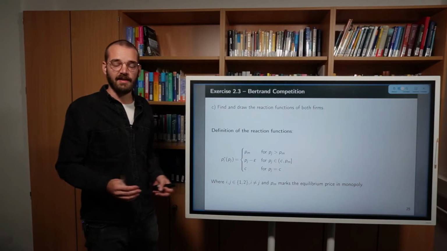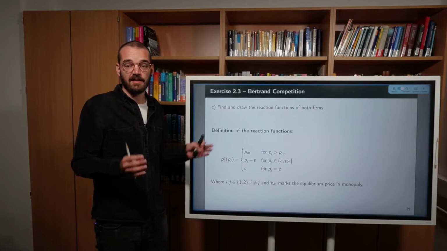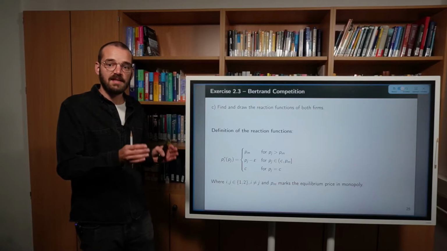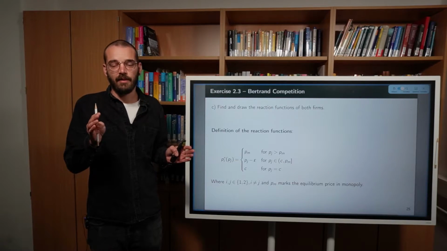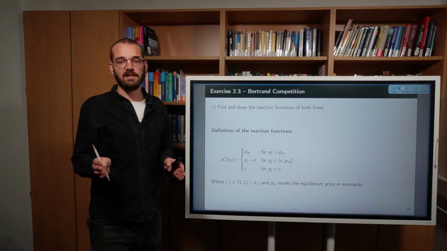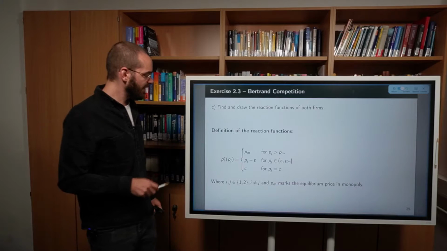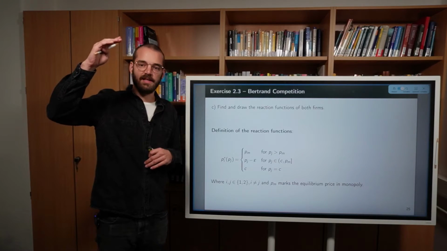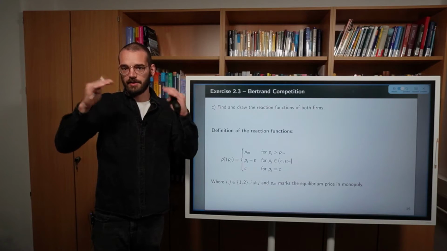Instead, we have to look at a stepwise defined function where each of these steps is defining the reaction function for a particular interval of prices. Let's start going from high prices, because the logic of this model is of course to undercut each other.